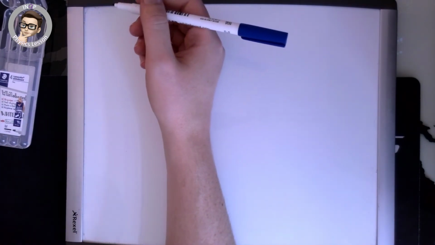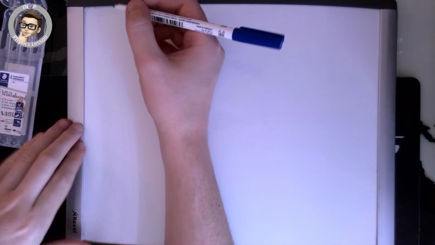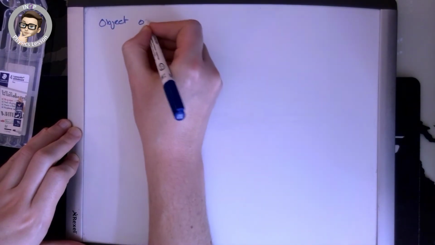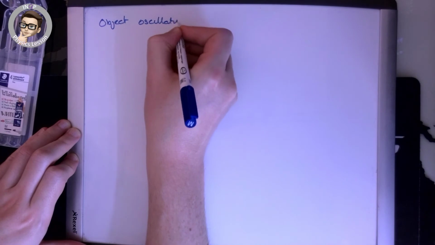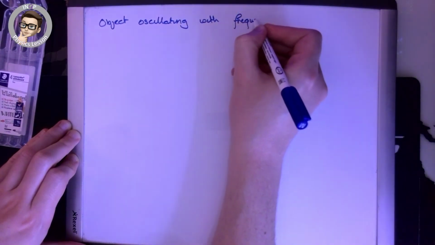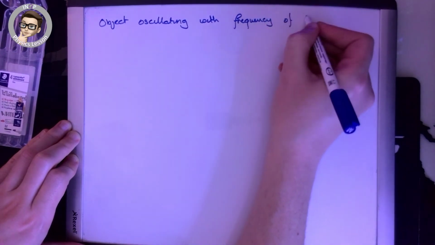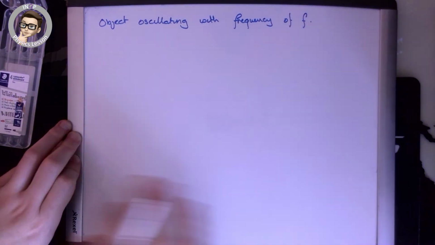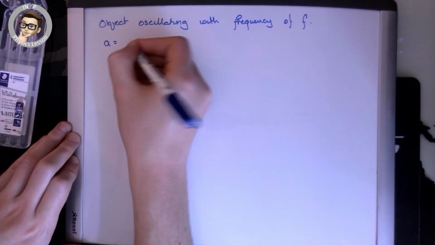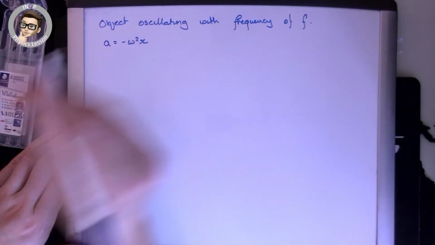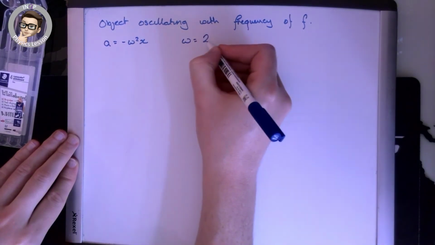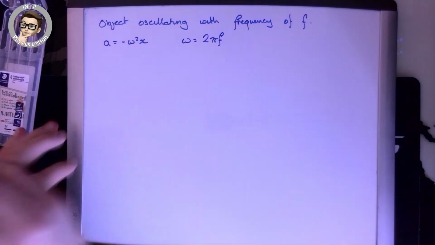Let's look at two situations where we've got an object oscillating with a frequency of f. We know that a is equal to minus omega squared x. That's fundamental for simple harmonic motion. And we know what omega is. It's 2 pi f.